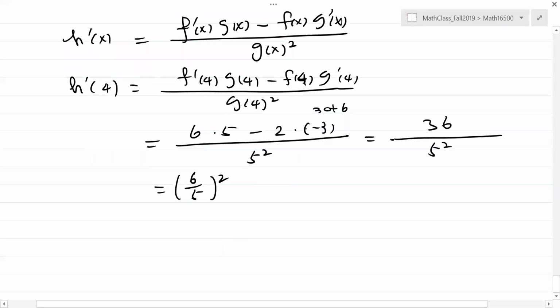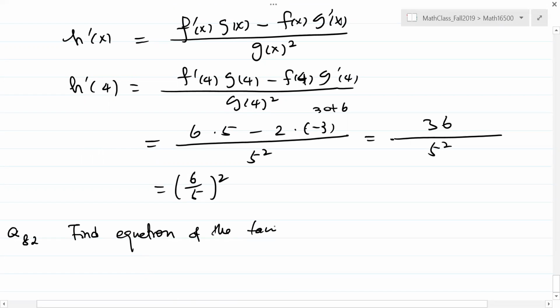All right, so let's do a string problem here. It's a bonus problem, like problem number 82, a random picker problem. Find an equation of the tangent line, maybe there are many, to the curve.